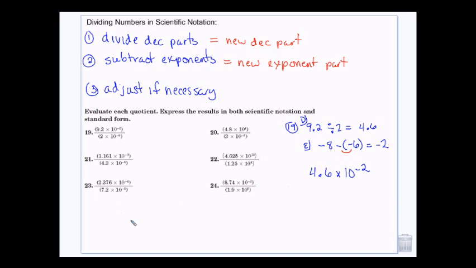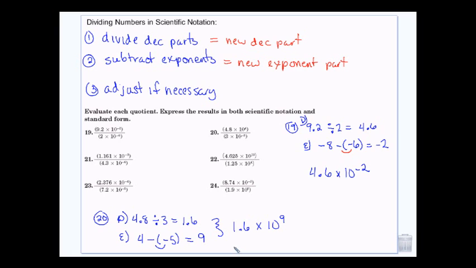If we look at number 20, for the decimal part, I'm going to do 4.8 divided by 3, which is going to be 1.6. And then for the exponent part, I'm going to do 4 minus -5, which gives me 9.